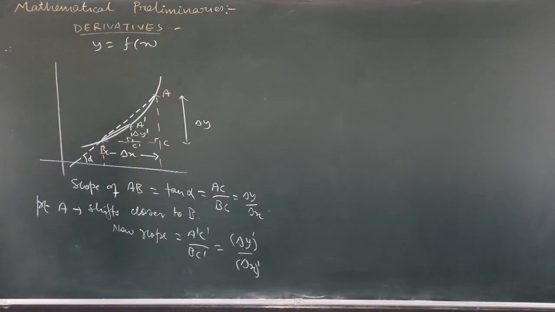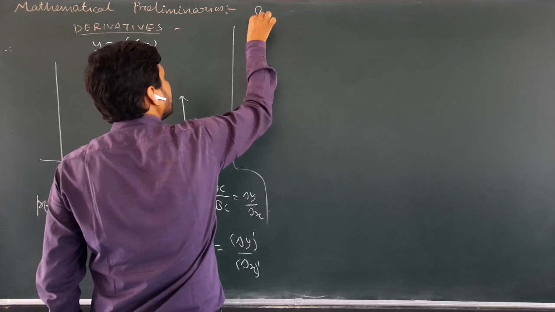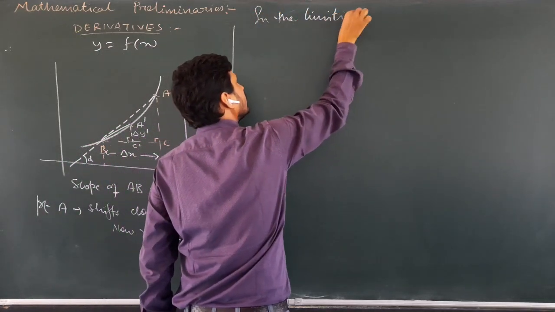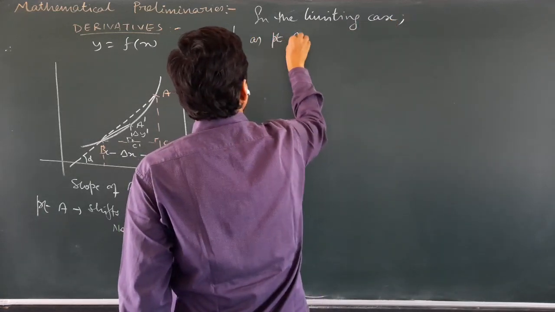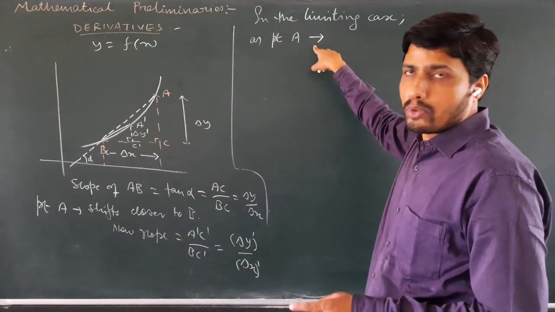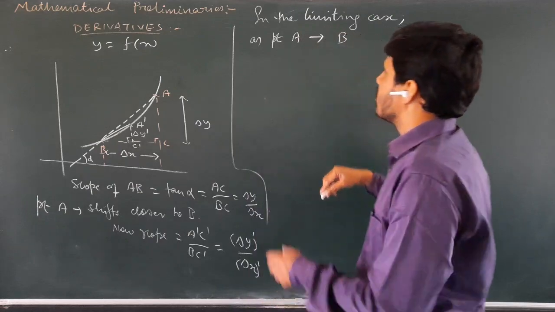Then what will happen? So in the limiting case, we say as point A approaches, tends to or approaches point B. What is the meaning of this?